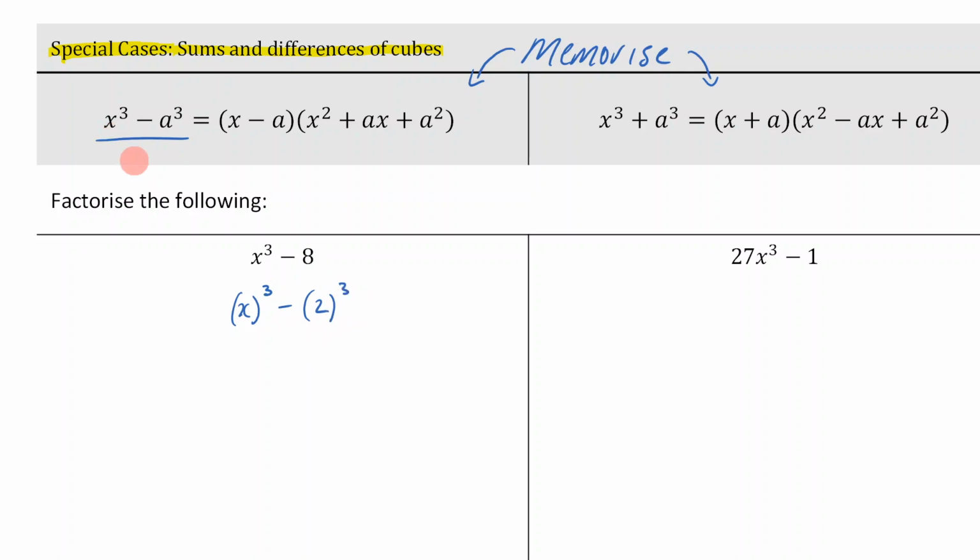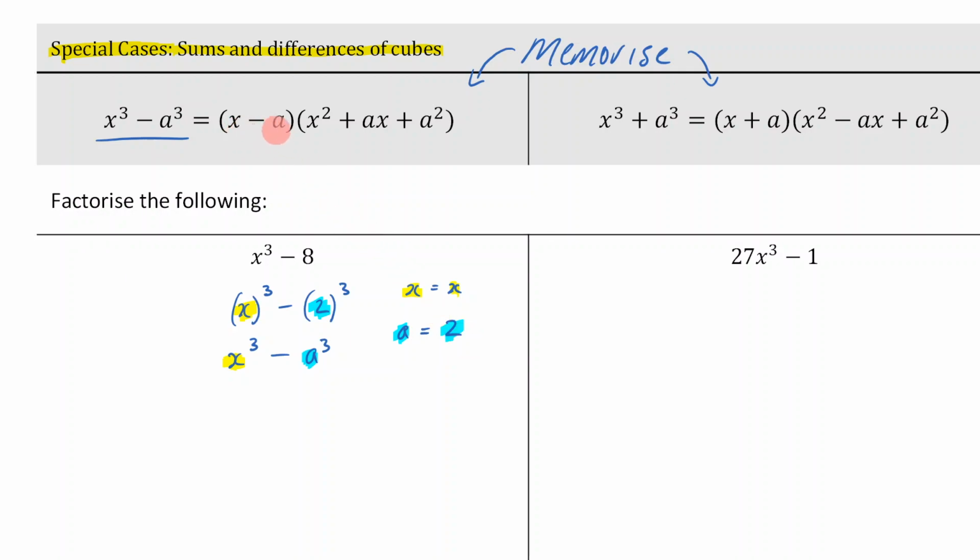And as you can see here, we have x cubed minus a cubed. So therefore, what we know is that x is simply going to be equal to x here, and a is going to be equal to 2. So you can kind of see what we're doing here. I'm saying x is just this x here, and a is 2.